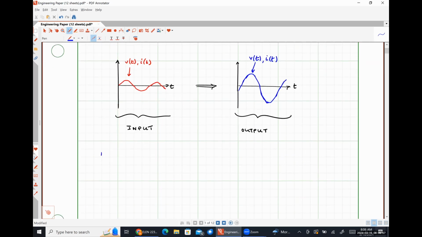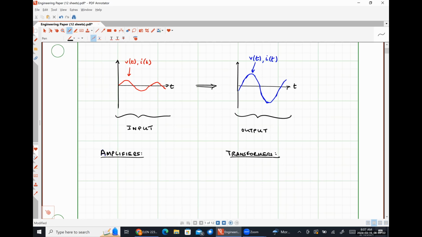So over here, let's put amplifiers. And over here on the right-hand side, let's put transformers.